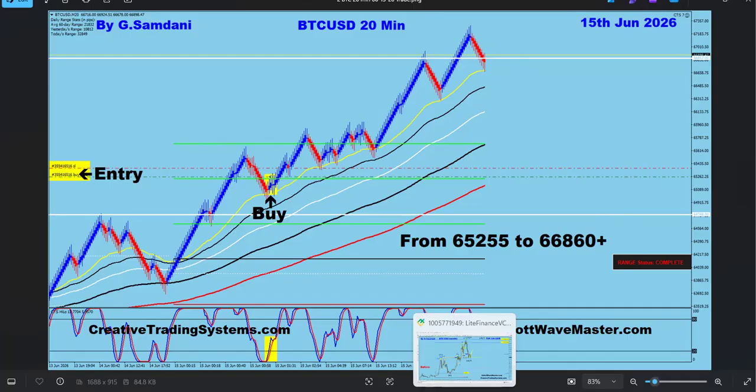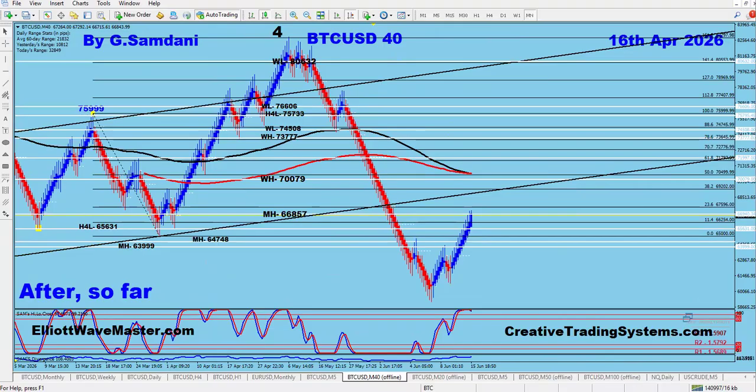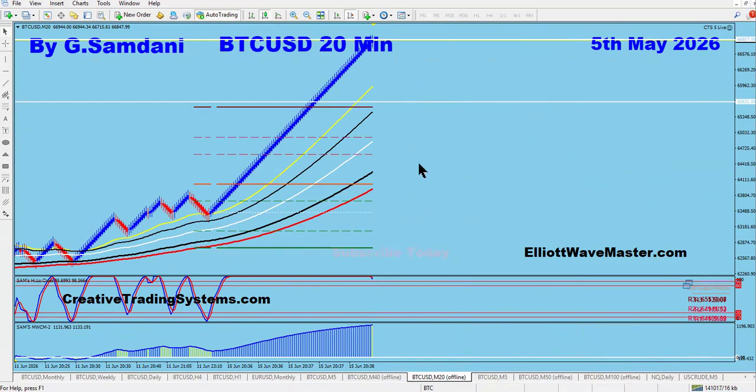Let's see. Let me see if I can make it smaller. This is messed up. Oh, it is exactly at that level, 66,857. This needs a refresh of the chart. I don't want to do it.